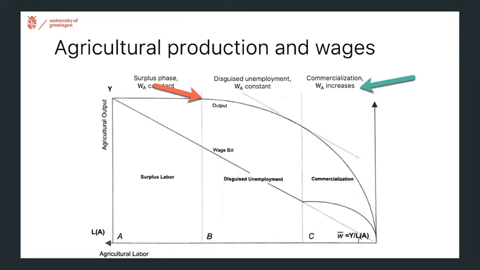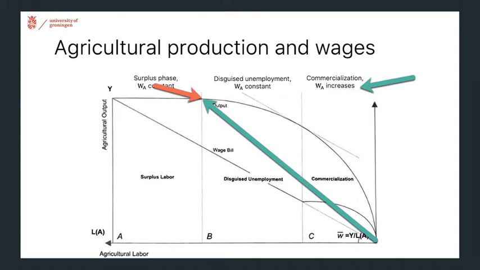from the origin to point B, that will have a larger slope, and thus would be representing a higher average product.